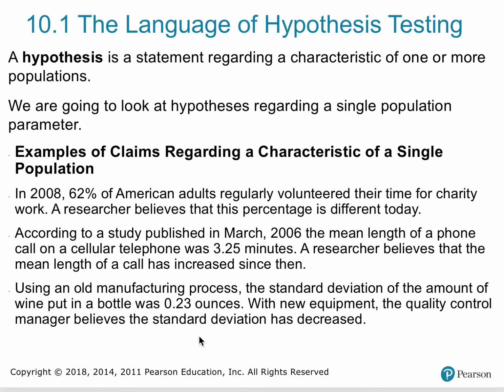With new equipment, the quality control manager believes the standard deviation has decreased. So now we have a statement about the population standard deviation, but notice they're all just regarding a single parameter, right? 3 different examples, each involving a single parameter.